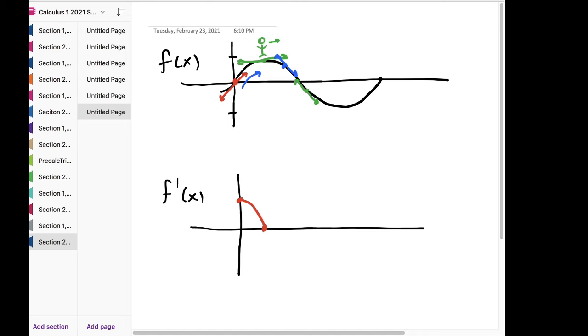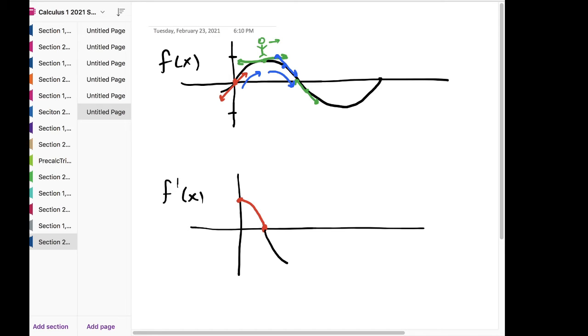Yeah, it's decreasing, and it's negative, right? Now, when does it decrease forever, or when does the derivative start increasing again? So when I go down here, the derivative is decreasing.